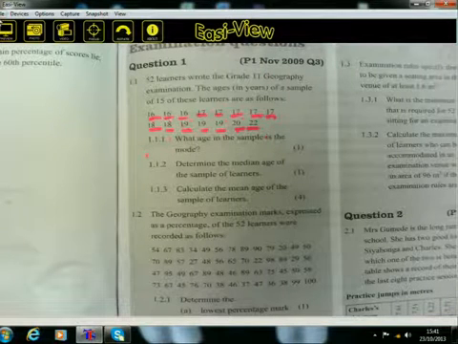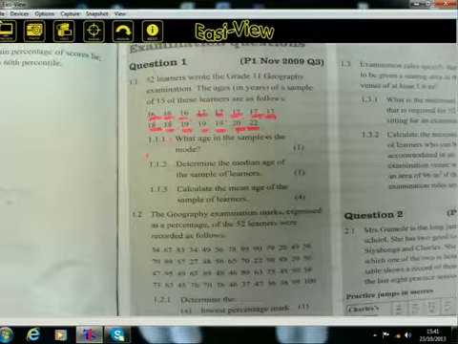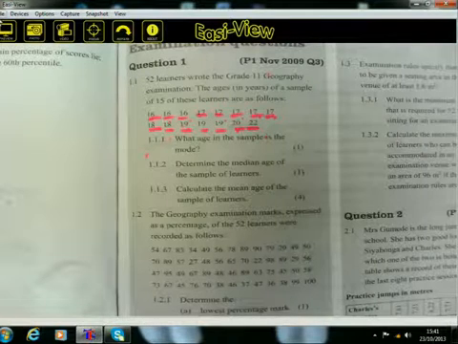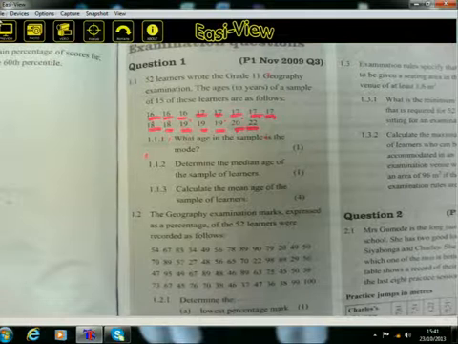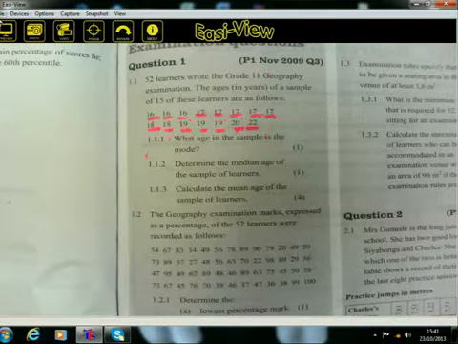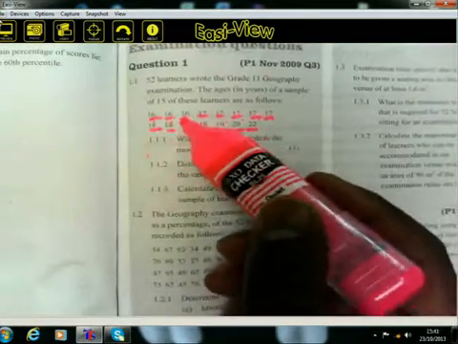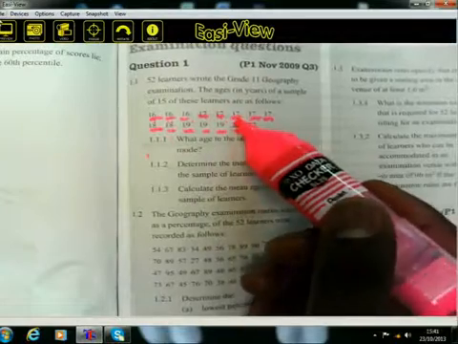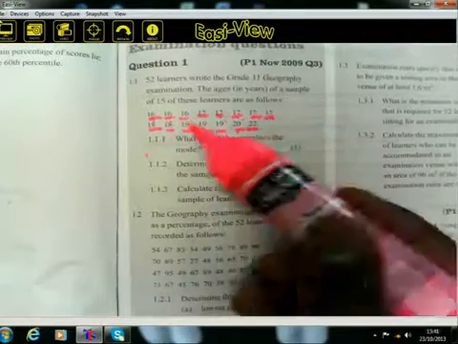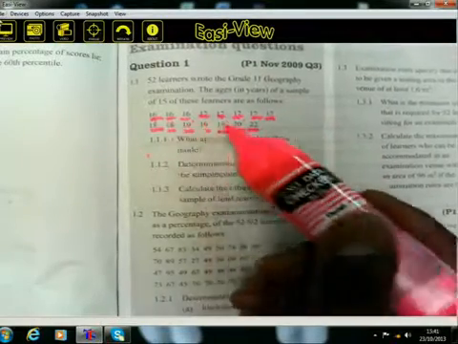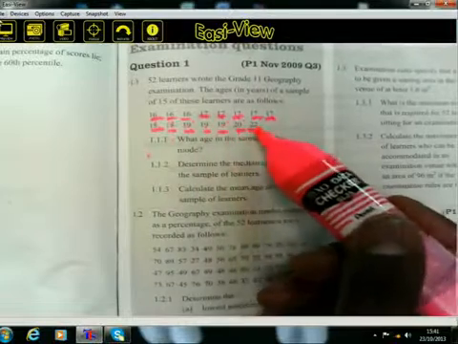That means we have to look for the center of this data set. First, we have to know how many data values we have, so we count them again: 1, 2, 3, 4, 5, 6, 7, 8, 9, 10, 11, 12, 13, 14, 15.